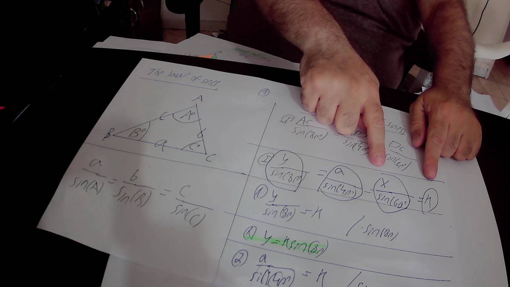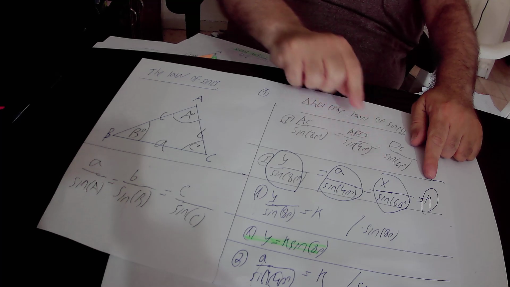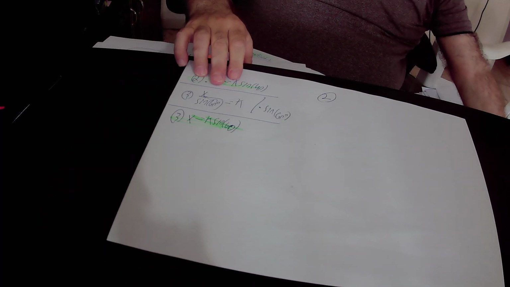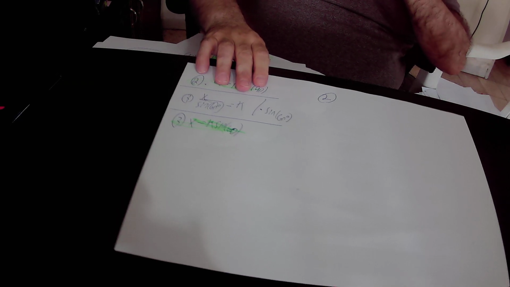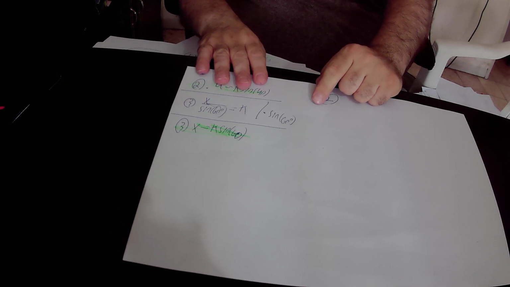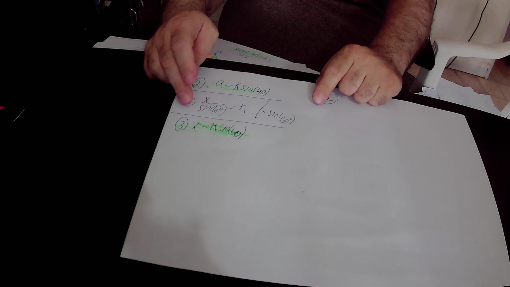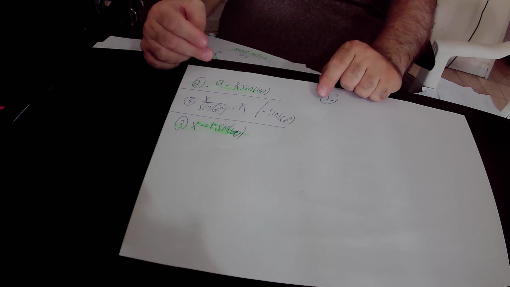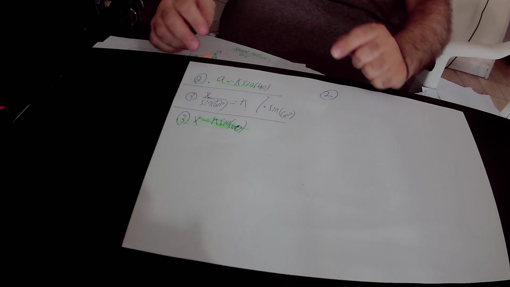Here those two expressions are also equal to each other. That is to say, x over sine 60 degrees equals k. We multiply this equation by sine 60 degrees and find that x equals k times sine 60 degrees. So we have the expressions for A, x and y.